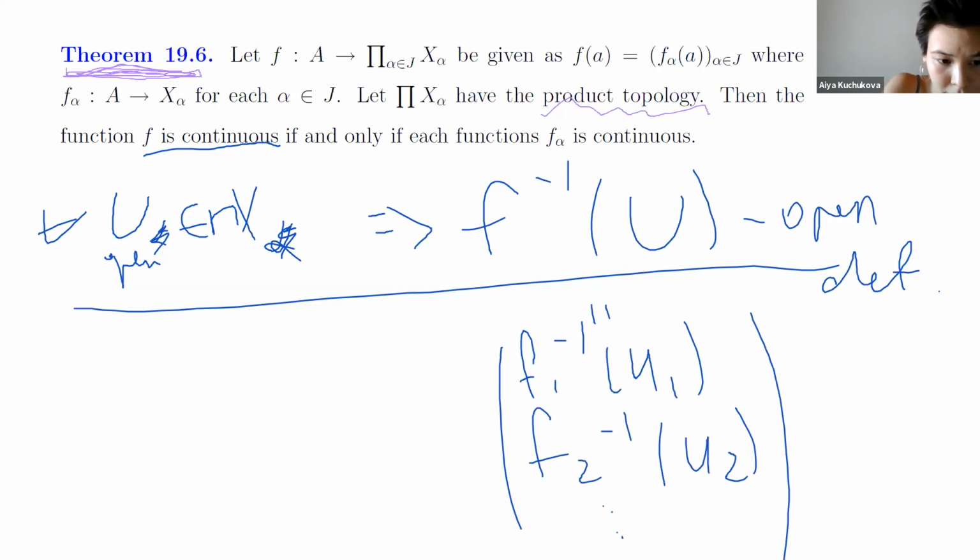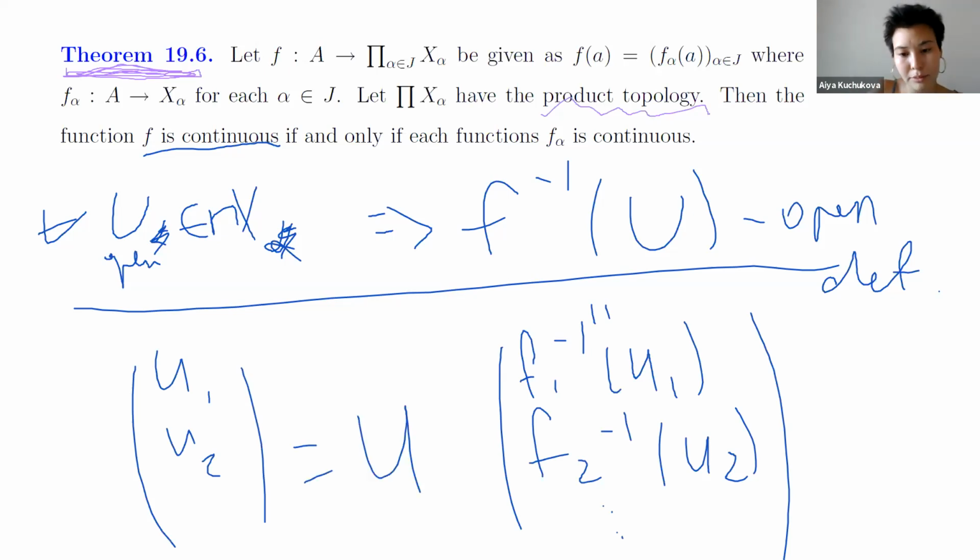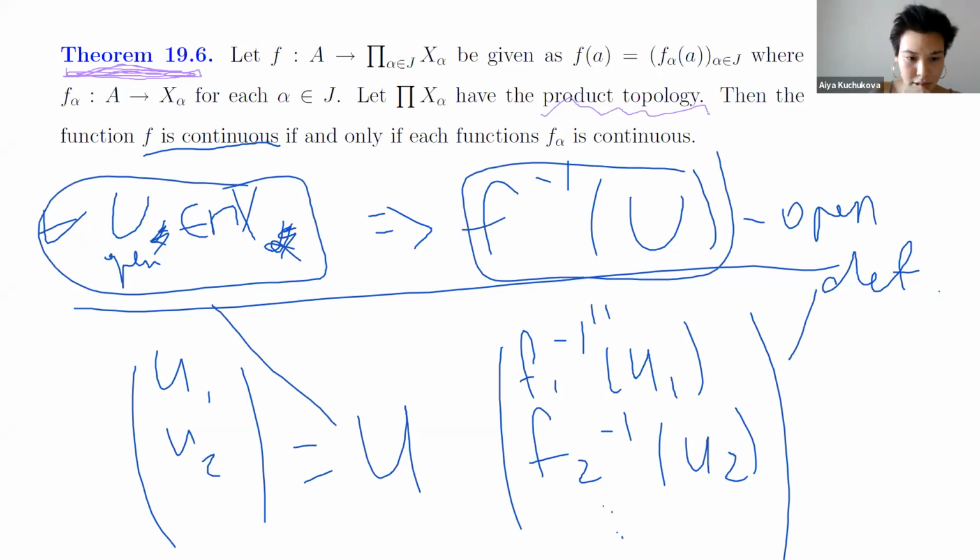Where U1, U2, and so on together make up U. So basically this is open, and this is also open. And so this condition implies that if you write it as a composite function, it will be easier. Well, I don't think there's a difference. It's a notation issue.